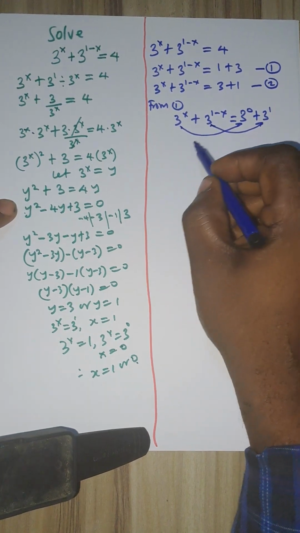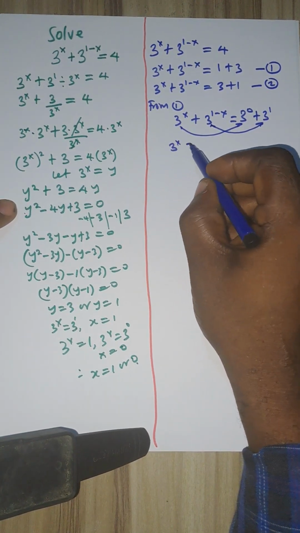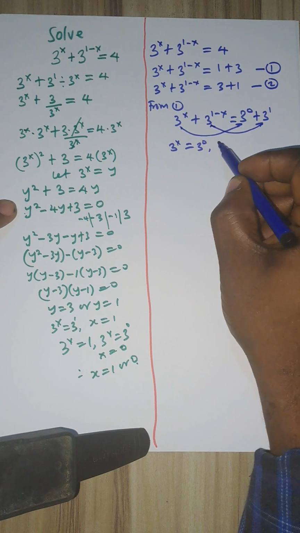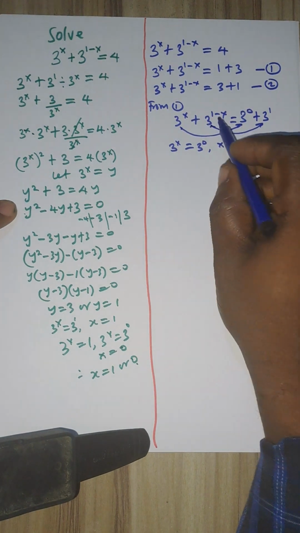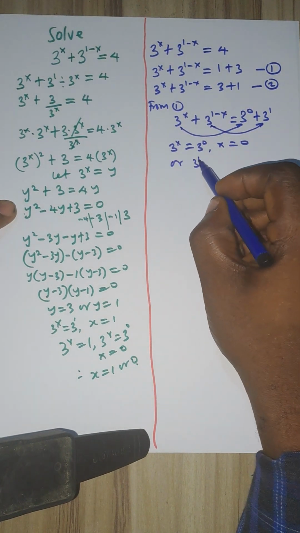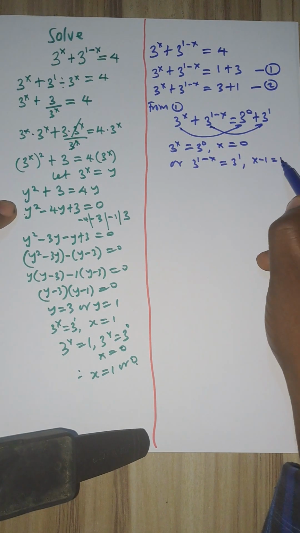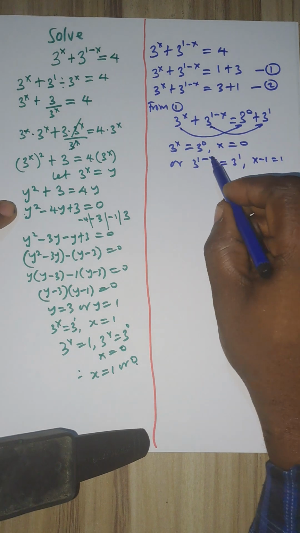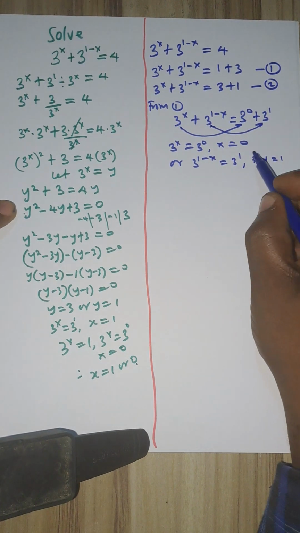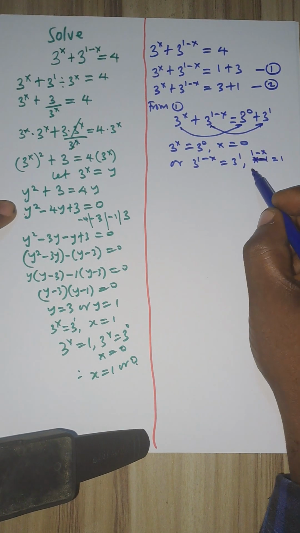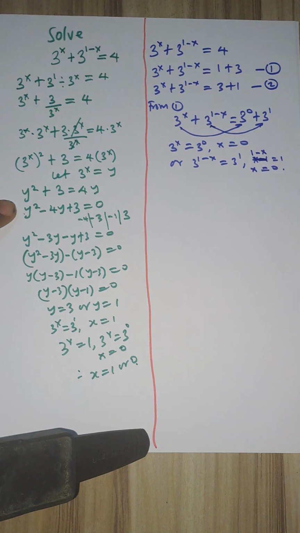Here we have 3 to the power of x equals 3 to the power of 0, so x equals 0. Or 3 to the power of 1 minus x equals 3 to the power of 1, so 1 minus x equals 1, and again x equals 0.